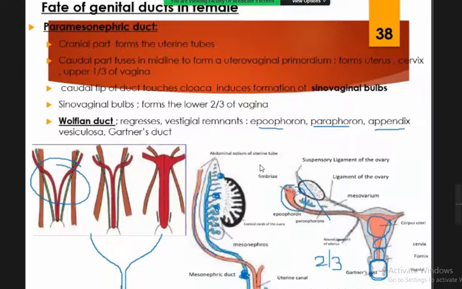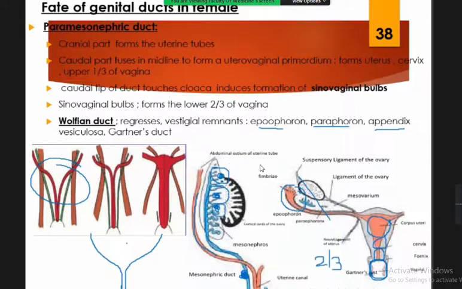And of course, these vestigial remnants many times are not going to be of any consequence, but sometimes these structures tend to proliferate and become secretory, so that they form cysts. Someone can get cysts along the path of this Wolffian duct.